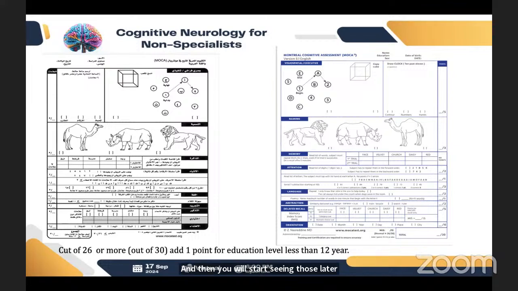And then you will move to the calculation task. You will ask the patient to make a calculation, and you will tell them, now I will ask you to count by subtracting 7 from 100 or 60. Actually, there are different versions of the MoCA.